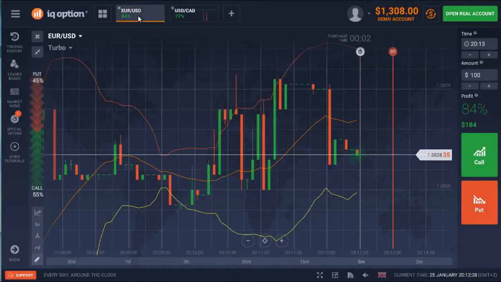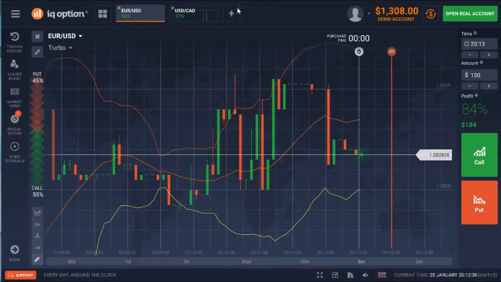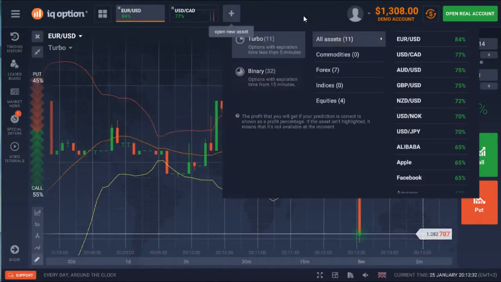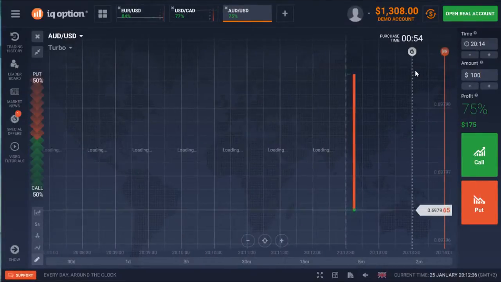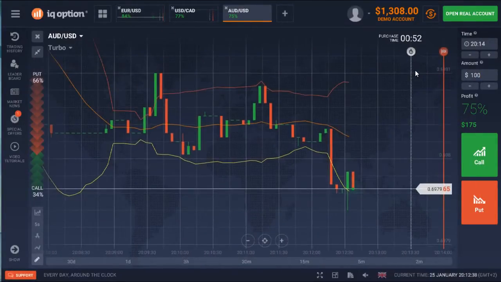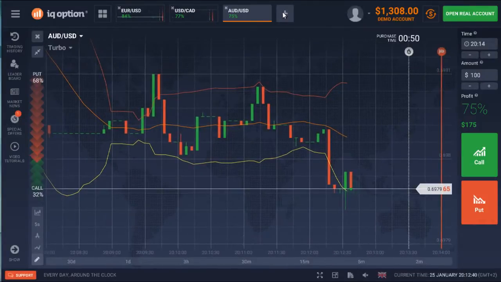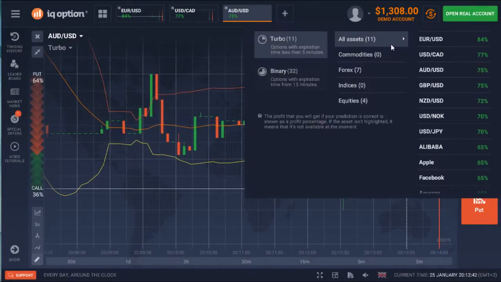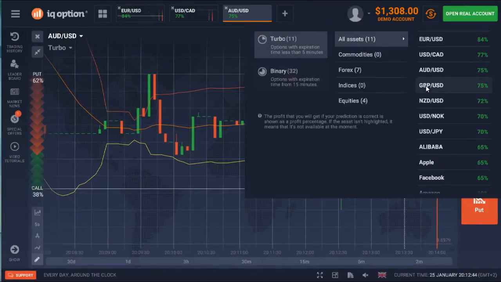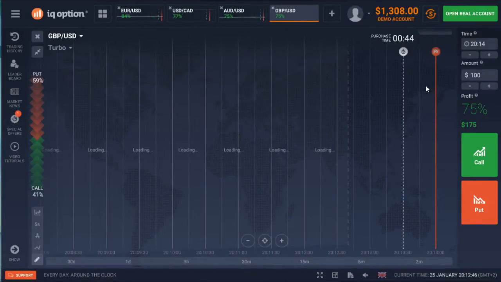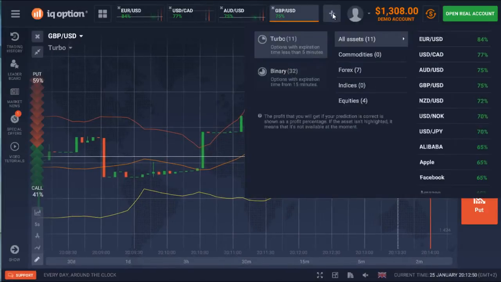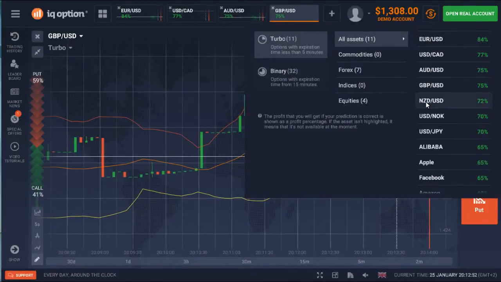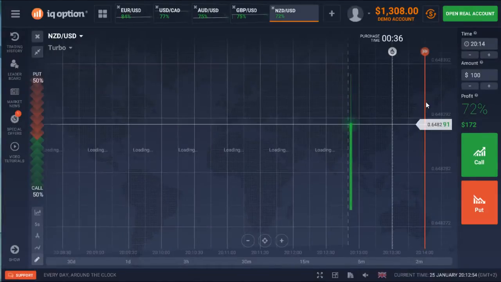I'm not sure, so I came back to the US and Euro, USD, but I don't like it, so I opened the AUD, Australian dollar, and the US dollar. I didn't like it. Now it's British pounds and US dollar. I don't like it. Now it's New Zealand dollar, US dollar. Let's see, I don't like it.